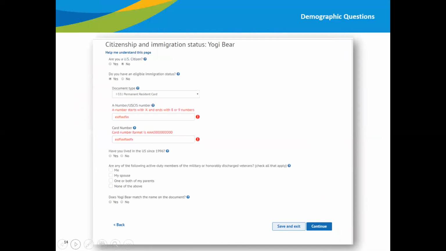The example on the screen highlights what we call field level validations, meaning that if the data entered into the field does not match the format that is specified or necessary in order to do successful electronic data matching through the Federal Data Services Hub, these error messages will display on the individual field, letting the individual filling out the application know that they need to enter the answer with a corresponding format.